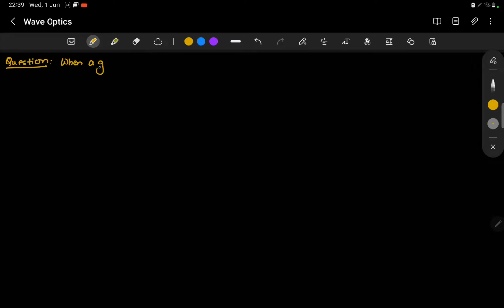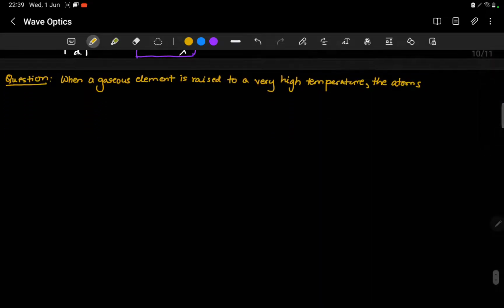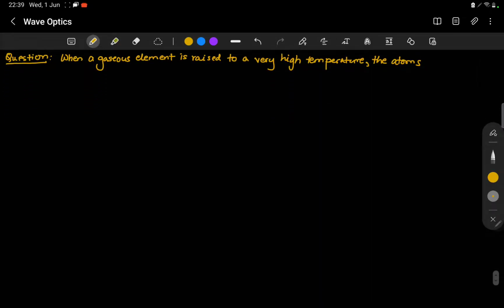When a gaseous element is raised to a very high temperature, the atoms emit radiation having discrete wavelengths.